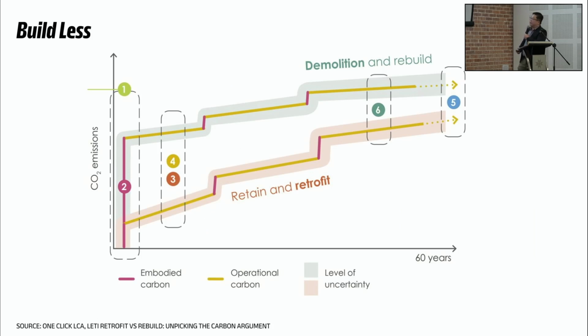There are some studies that show that retain and retrofit incur lesser embodied carbon, obviously, compared to a demolition and new build. For a lifespan of 60 years, if you retain and retrofit, the ultimate carbon use is much lesser compared to building a new one.